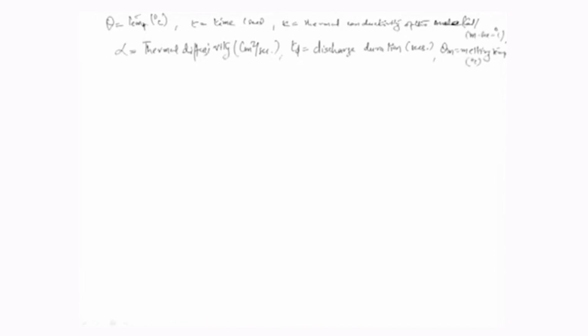Okay. So this, for example, is thermal conductivity of the workpiece or anode. Same is true for this thermal diffusivity of workpiece, and this is melting temperature of the workpiece.